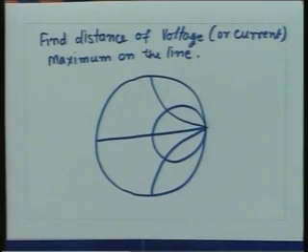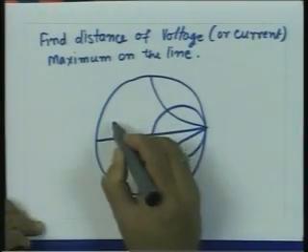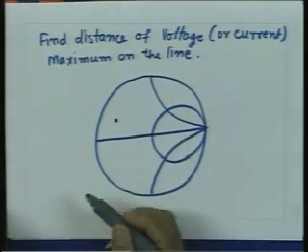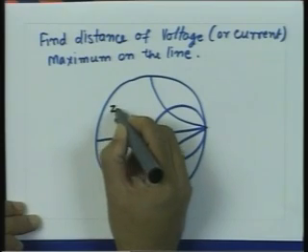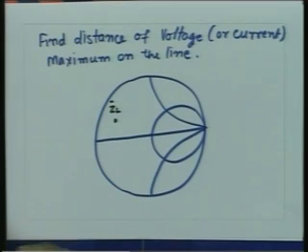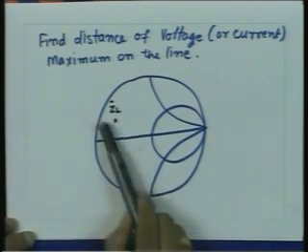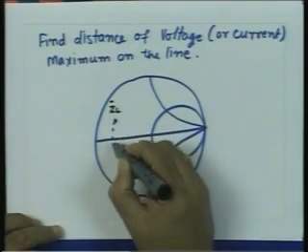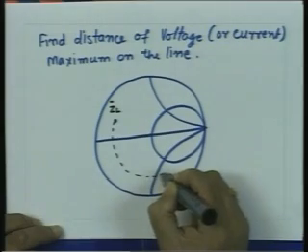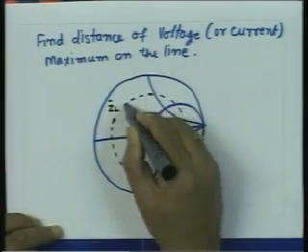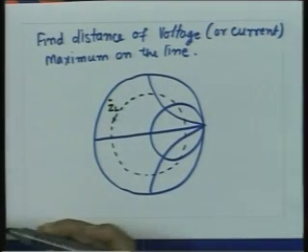Mark the load impedance on the chart. Let us say the load impedance is somewhere here, this point. This is nothing but your normalized ZL. Again, first step, draw the constant VSWR circle passing through this point.